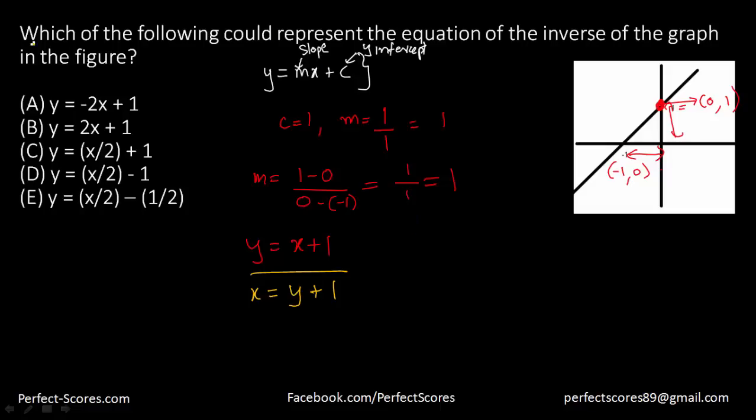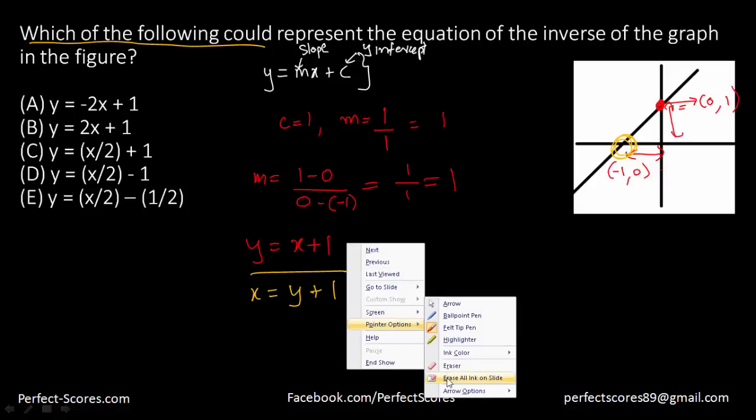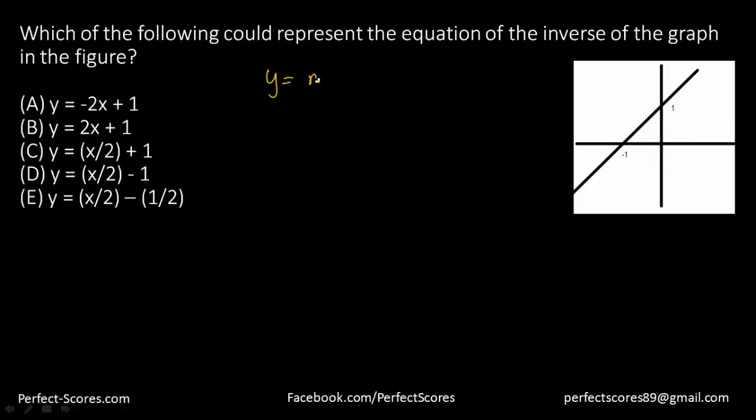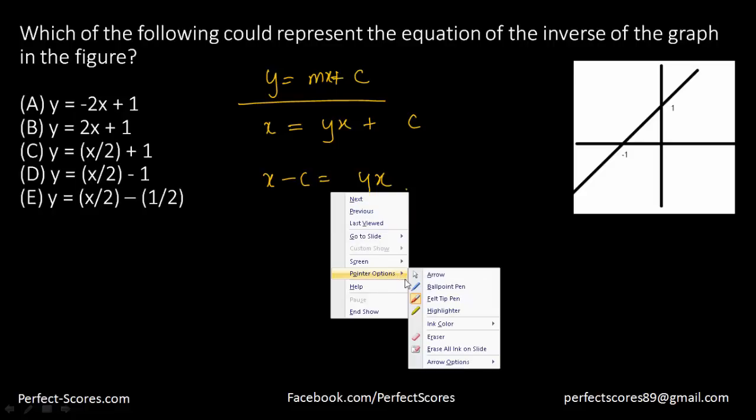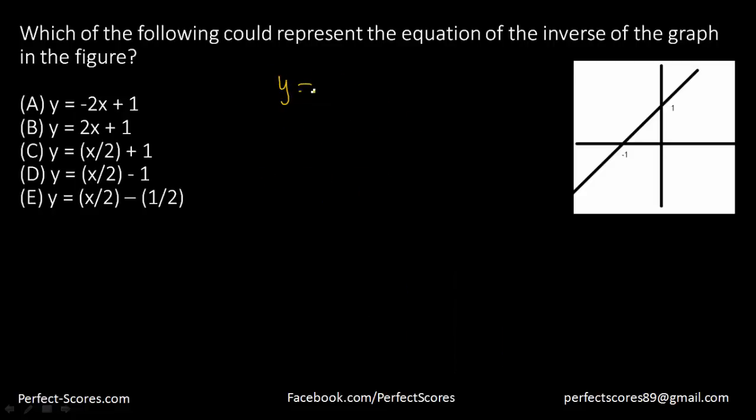Okay, it's a which-of-the-following-could-be question. So that means this is not definitely the one. It can be anything else also. So what I'm going to do is explain to you what happens to the inverse of a linear function. So the inverse becomes x is equal to... I'm sorry, that is wrong. y is equal to mx plus c becomes x is equal to my plus c.